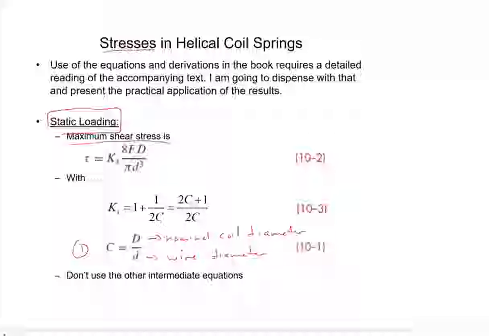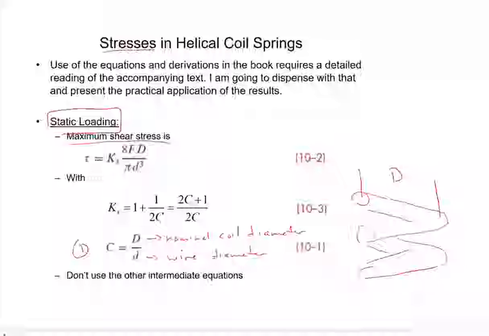So if you have a spring, the nominal coil would be from the centers.